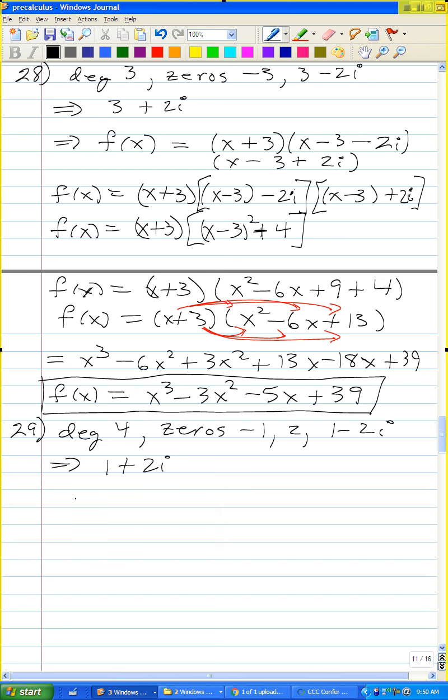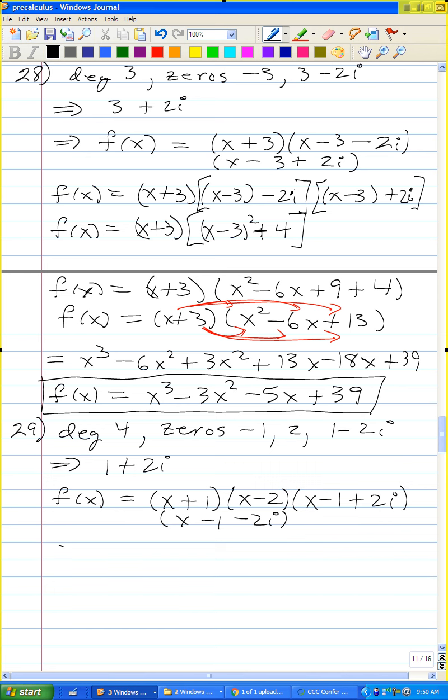Okay, so the polynomial, again assuming it's monic, is going to be, well, the root is negative 1, so I have a factor of x plus 1. I have a root of positive 2, so I have a factor of x minus 2. I have a root of 1 minus 2i, and so I have factors of x minus 1 plus 2i, and x minus 1 minus 2i.